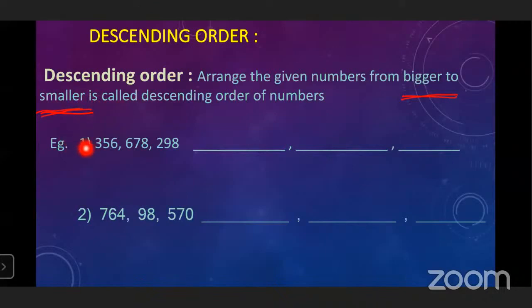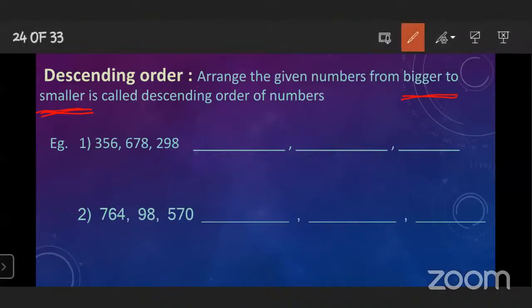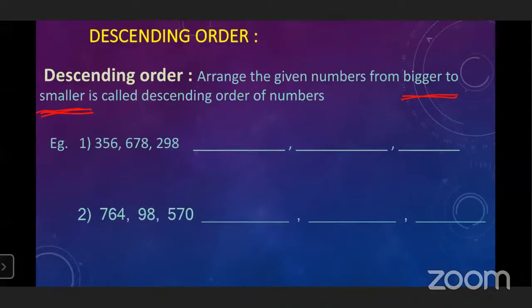Okay, so the first example is given: 356, 678, and 298. In these numbers, what do we have to do? First of all, we have to find the bigger number, because we are arranging these numbers as per descending order.